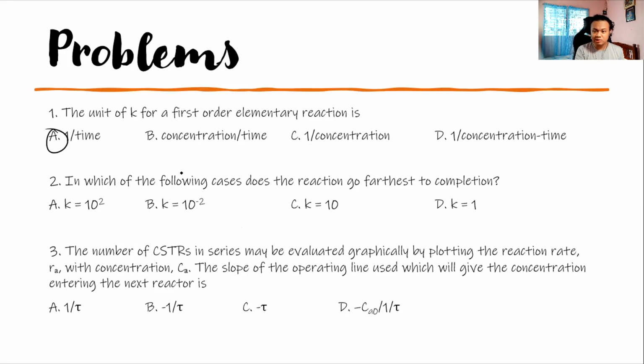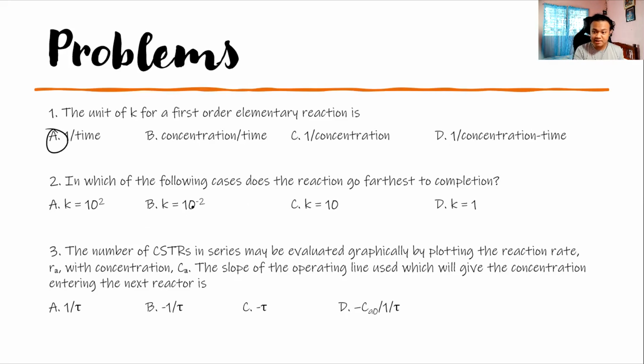Number 2 is actually connected to the previous number 1. Which of the following cases does the reaction go farthest to completion? As you can see, the reaction goes to completion if it has a big K, a big specific rate of reaction.